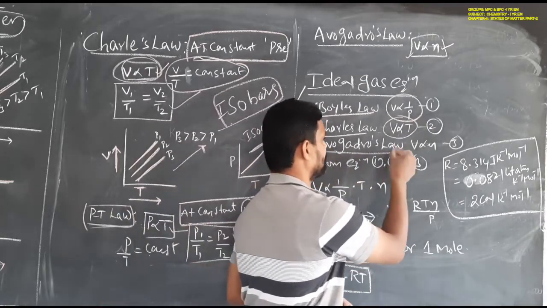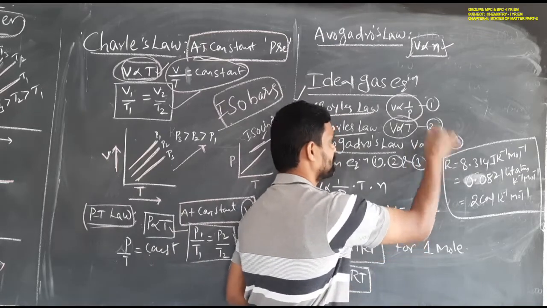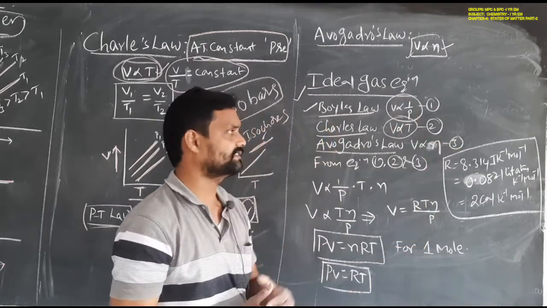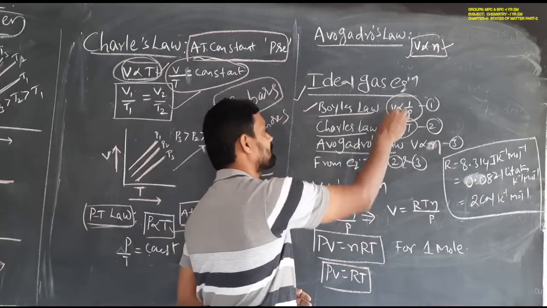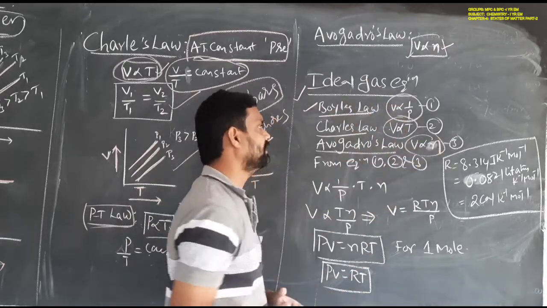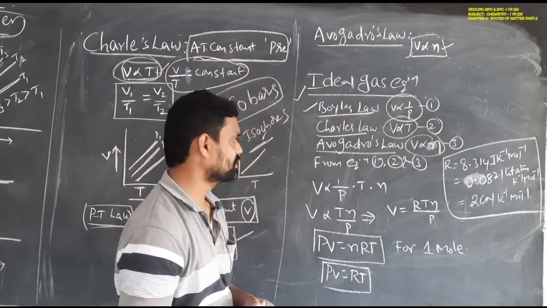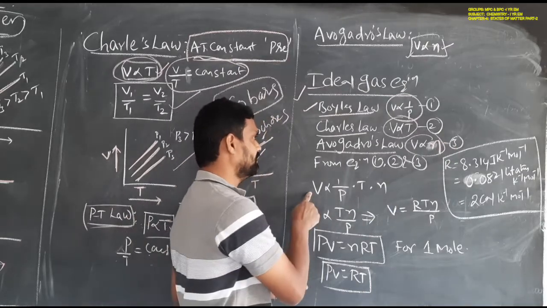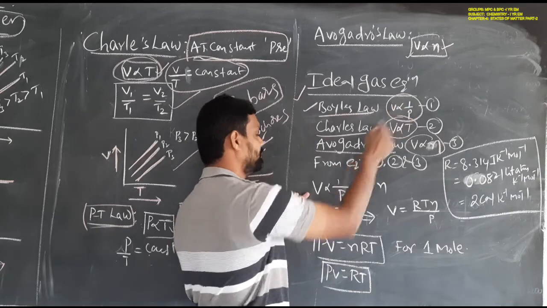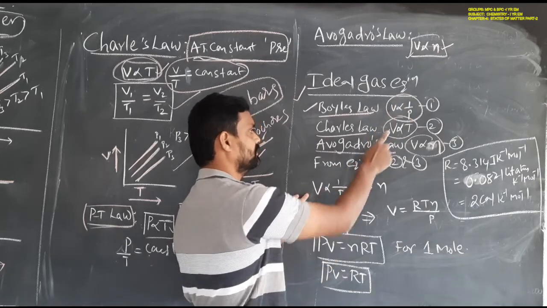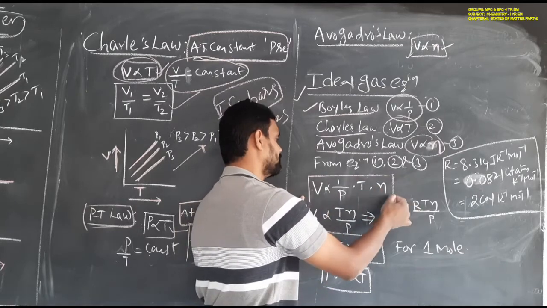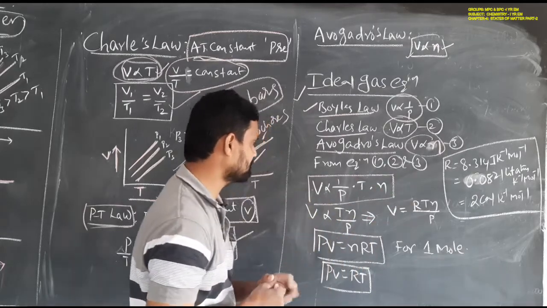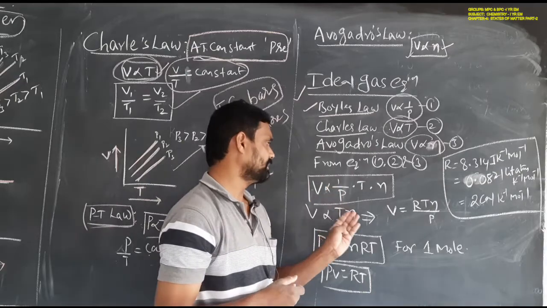And Avogadro's law, V is proportional to n, equation 3. In all three equations volume is common, so we write V proportional to 1 by P, V proportional to T, V proportional to n. Combining the three, V is proportional to 1 by P into T into n.